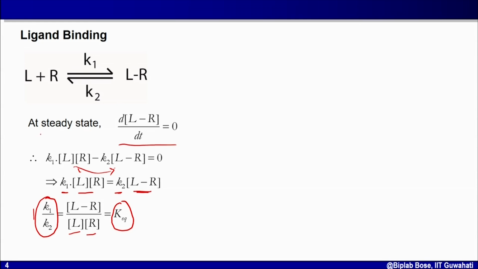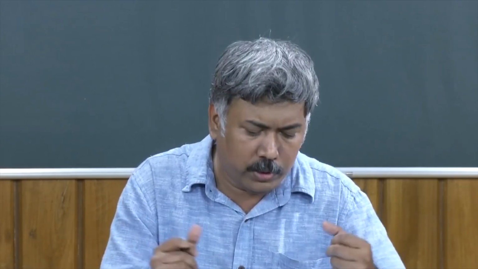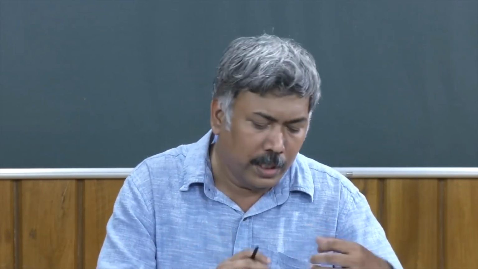Remember, I started by saying I am considering a steady state. I have not said equilibrium, but in literature, this steady state is actually called equilibrium. If you remember, we have discussed this issue earlier, and usually we try to avoid the use of equilibrium because equilibrium broadly may mean thermodynamic equilibrium also, and that may sometimes be confusing, but in this case they are same and equivalent.